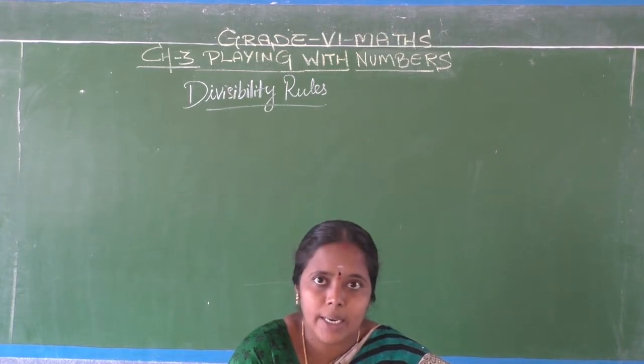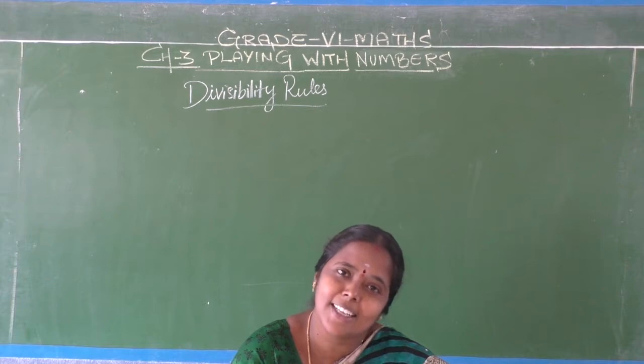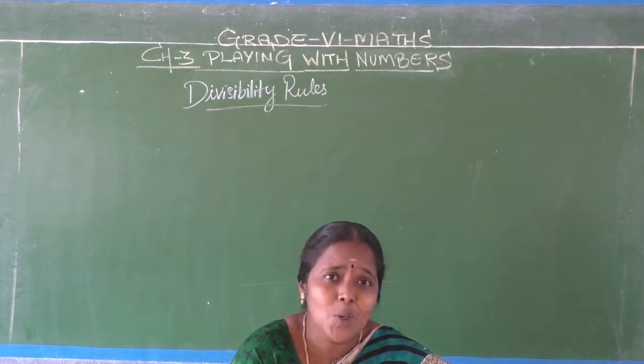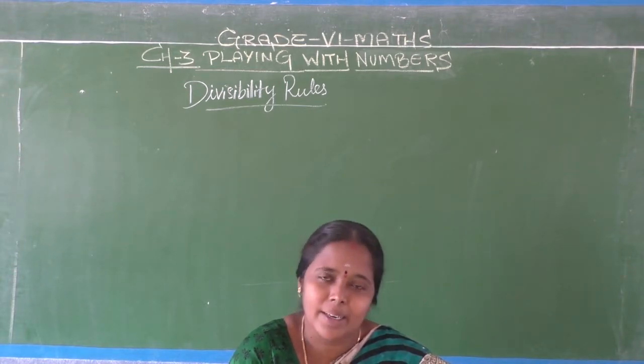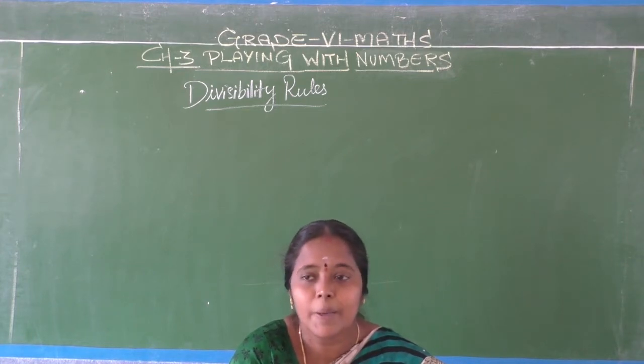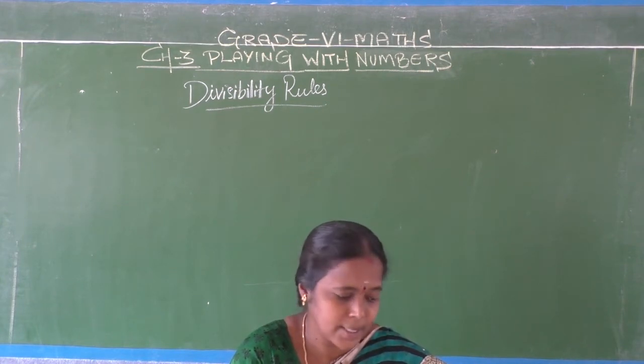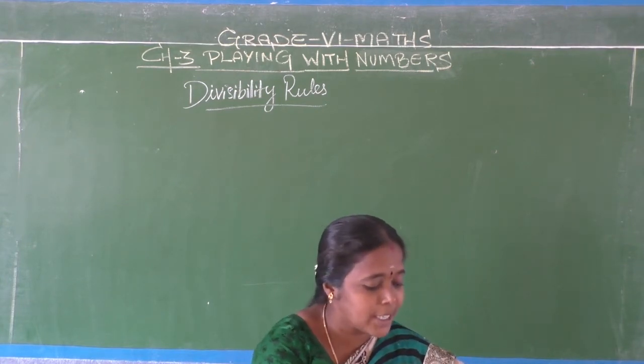Before going to see that, let me recall what we have seen in the last class. What have we seen in the last class? About prime and composite numbers. Factors, multiples, additionally prime and composite we have seen. What are prime numbers? Just recall.